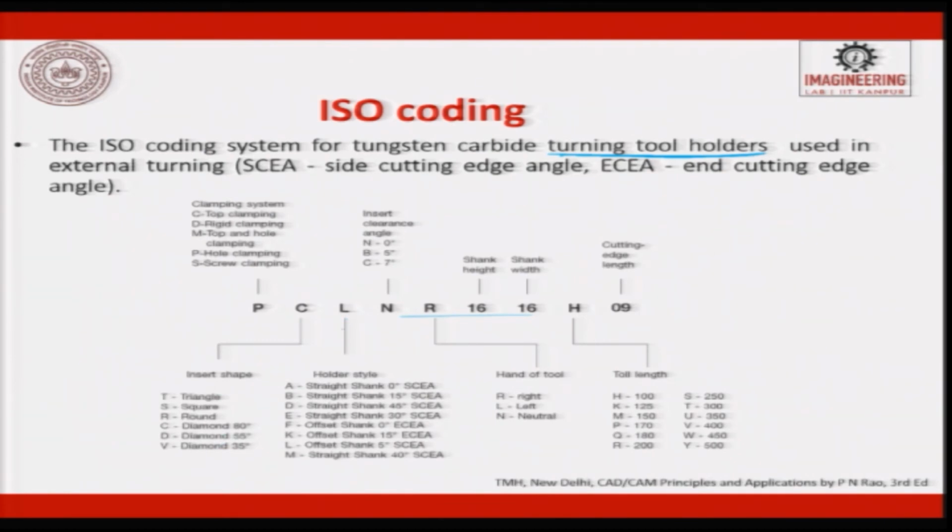Then L talks about the shank: straight shank, offset shank, the clearance angle, and then the right hand or left hand tool. Depending upon your requirements you choose. Then you will have shank height, shank width, tool length, and tool cutting edge. This is all for a tool holder.